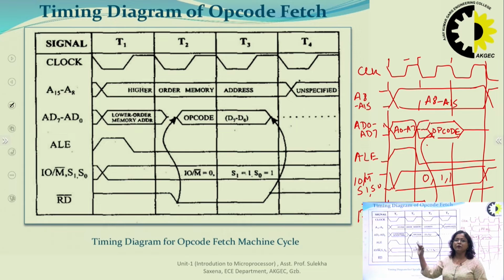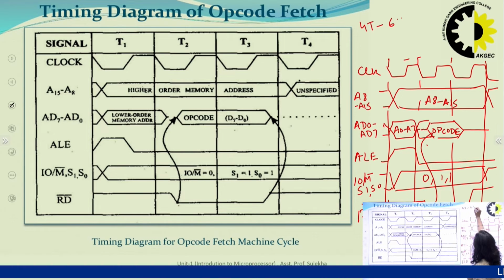So minimum timing for opcode fetch machine cycle is 4 T states, and when there is some extra operation required like the 16-bit data addition, stack to write data onto stack, and some other 16-bit machine instructions, this may vary from 4 to 6 T states, because 2 T states extra are required to decode some extra operations.